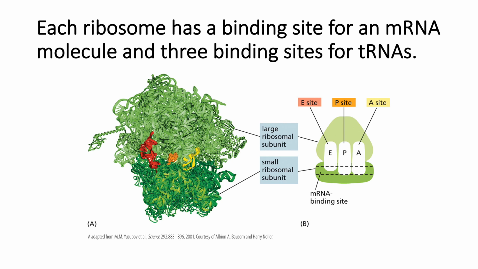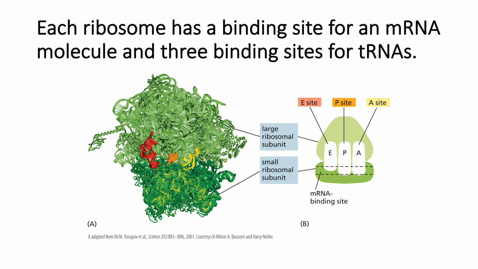So on the left is a ribbon diagram of a ribosome, and I think the colored ones, the red, the orange, and the yellow, may represent transfer RNAs that are in there, but I'm not sure about that. But anyhow, that's the overall ribbon diagram, the three-dimensional structure of the ribosome.